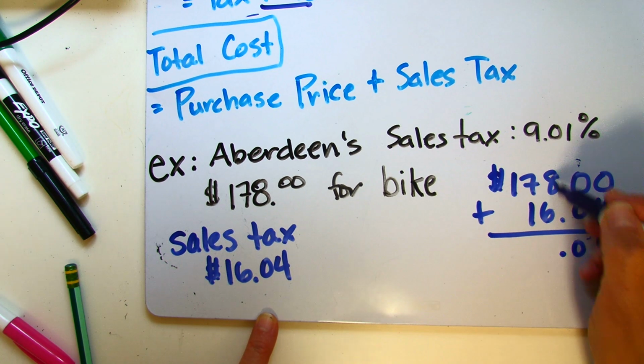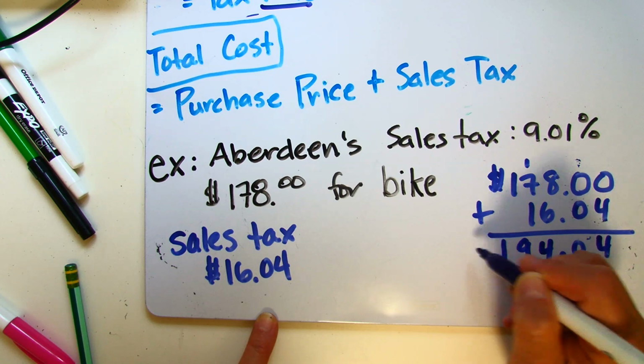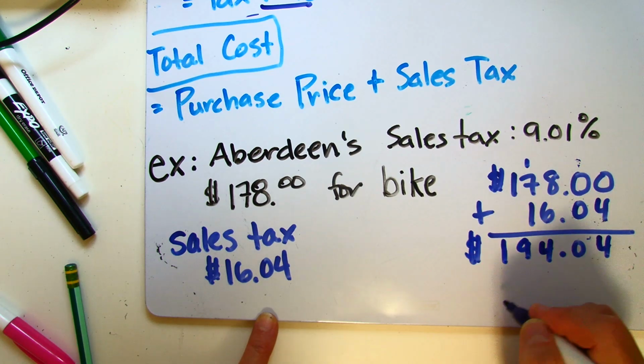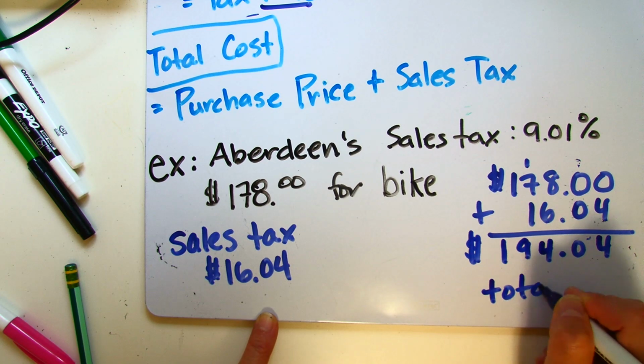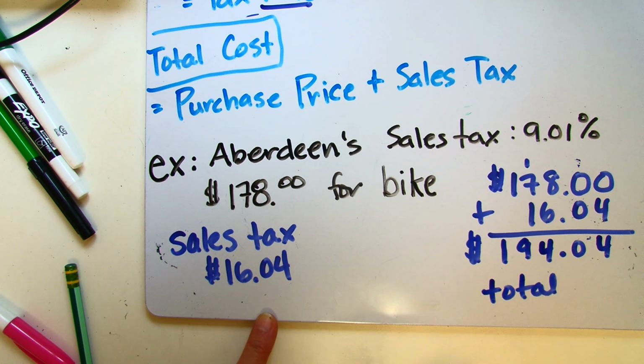Bring down that decimal point, we get 14, 9, and 1. So our total cost is going to be $194.04.